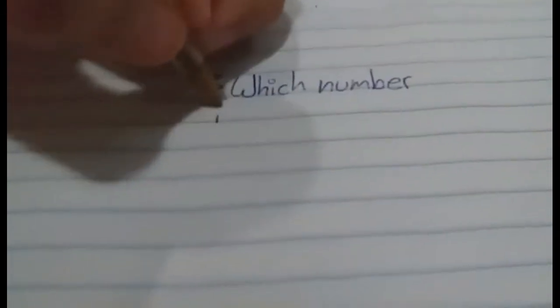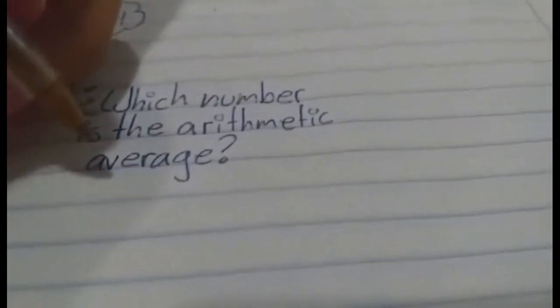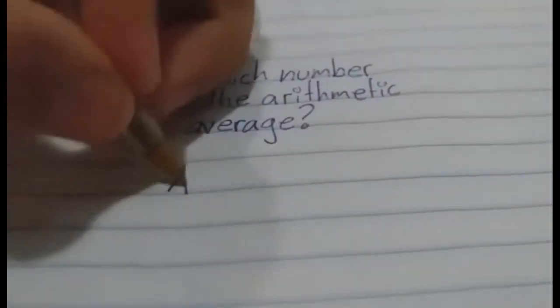The question was, which number is the arithmetic average? And we know that the answer is 5.4.